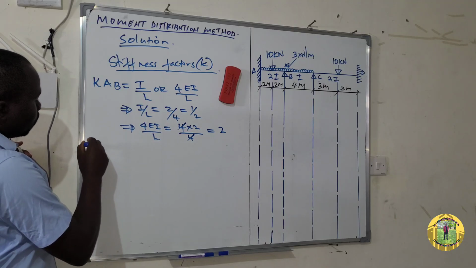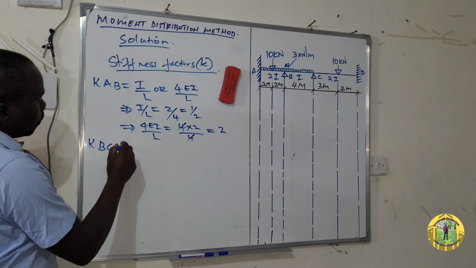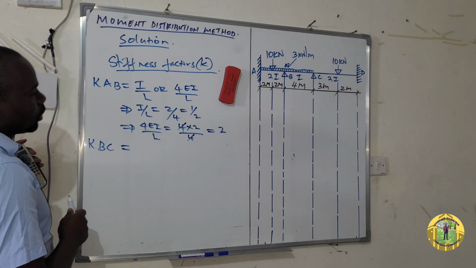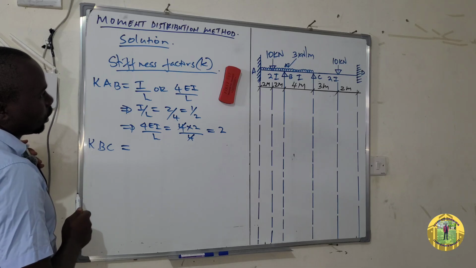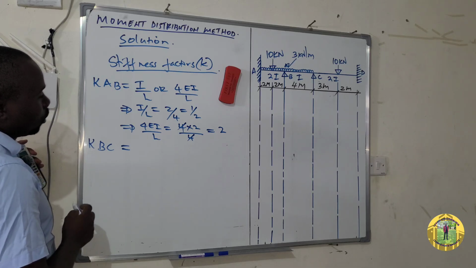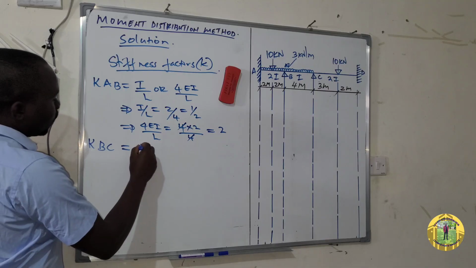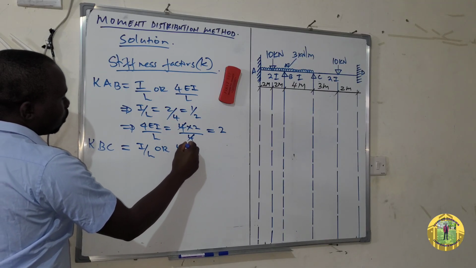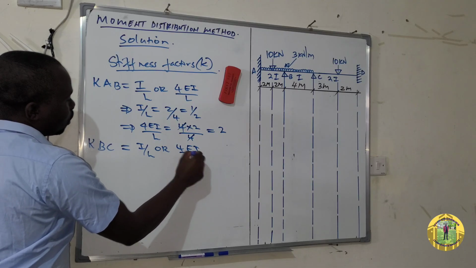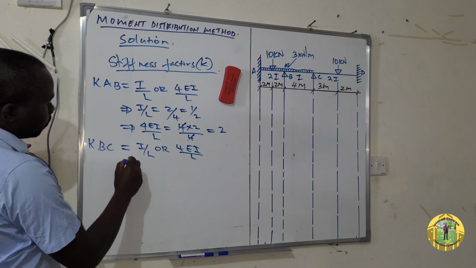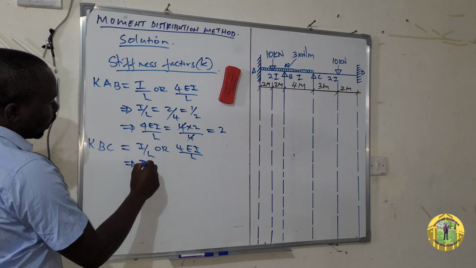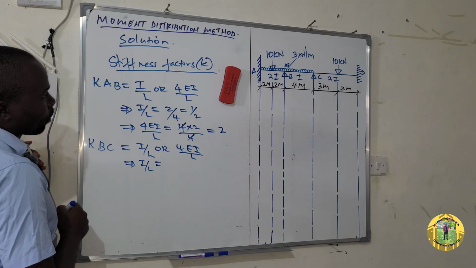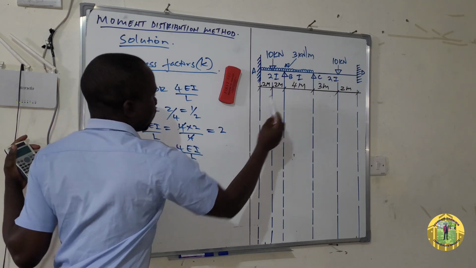We proceed to KBC. KBC, as you can see, span BC, the farthest joint, which is C, is a continuous joint, and therefore the formula remains the same. I over L, or 4 EI all over L. So I over L is equal to, as you can see, I here is 1 and L is 4.